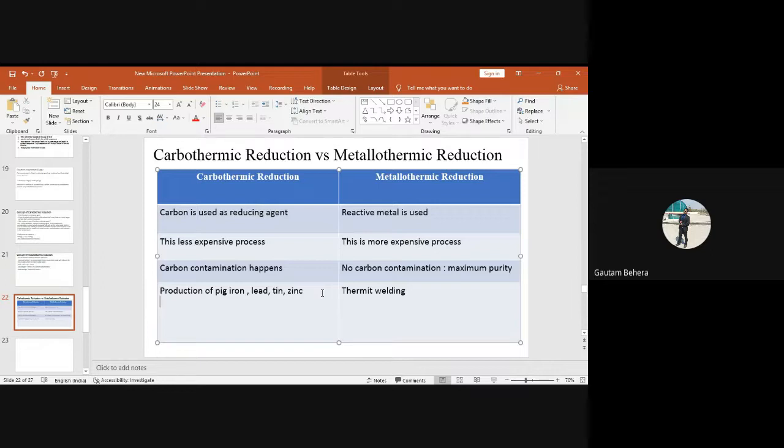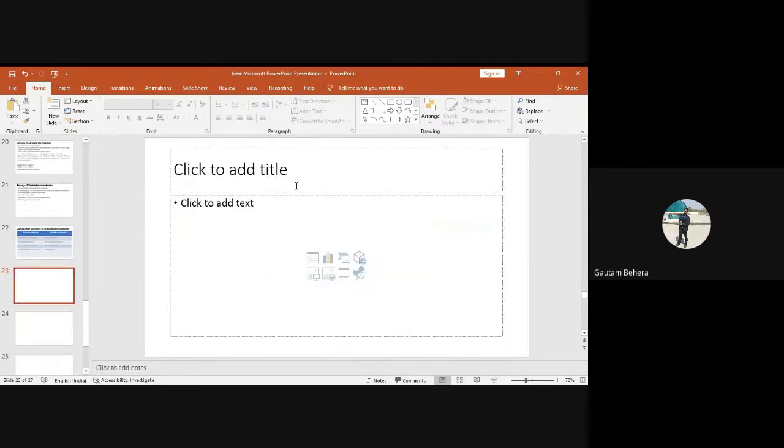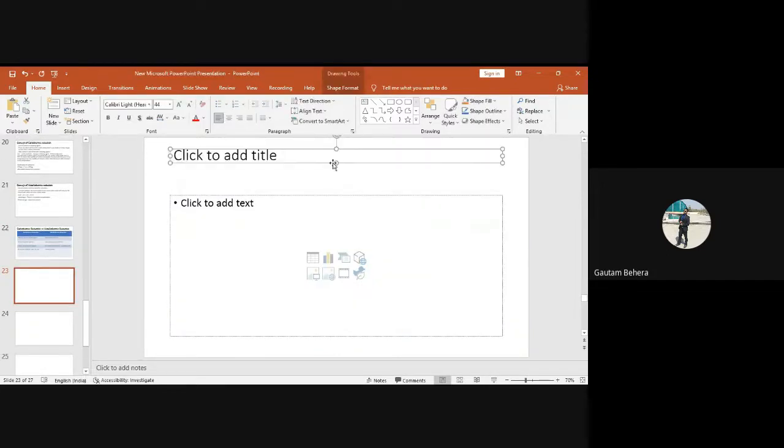Here, since space is available, I can write one example: extraction of iron by the carbothermic reduction process, basically smelting, or you can say reduction smelting using carbon.